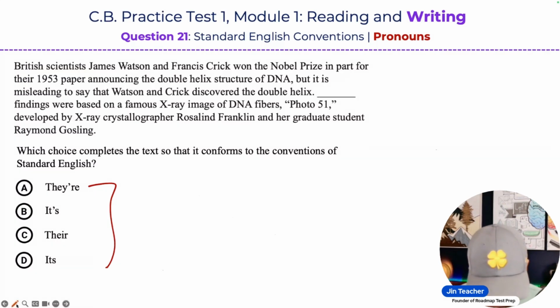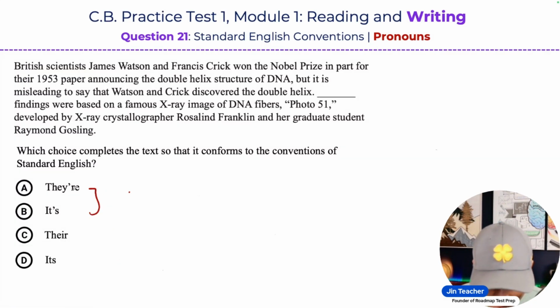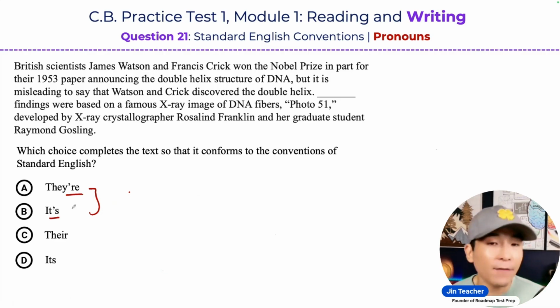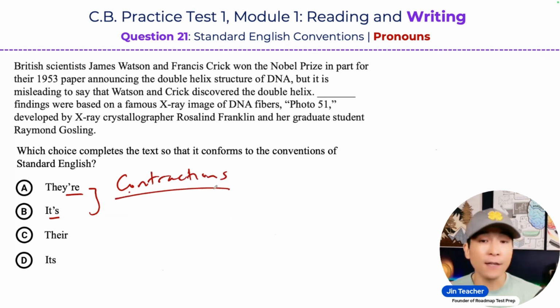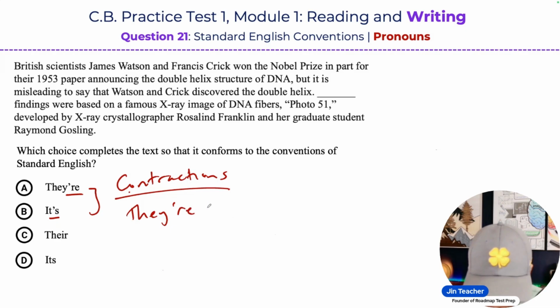Now, you'll notice answer choices A and B have the apostrophe. Whenever pronouns have apostrophes in them, these are called contractions. A contraction is basically a shortened form of two words. So when we have they apostrophe re, this is just a shortened form of they are.